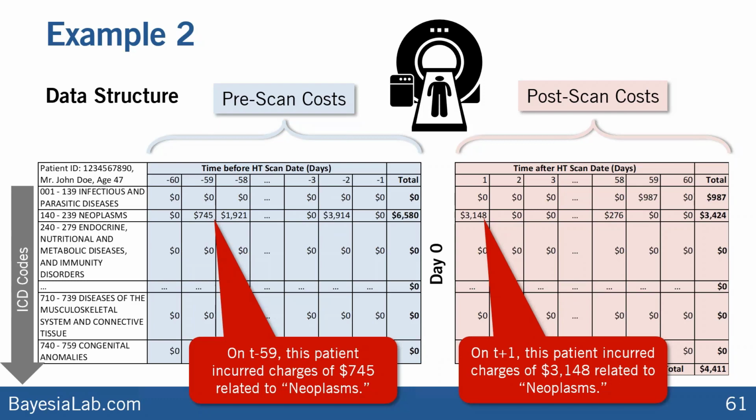So it's some kind of growth. Then again, on day T plus 1, this patient incurs $3,148 in charges related to the same ICD category. So that's what we have for each patient, but we have to roll this up to make it manageable.